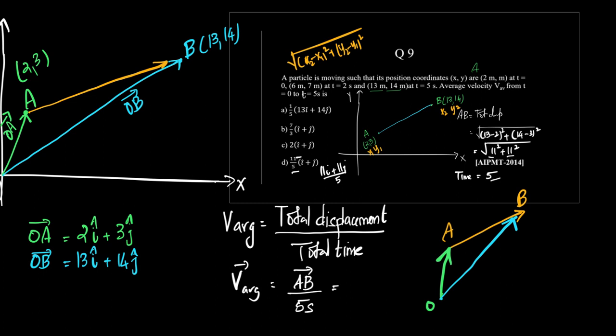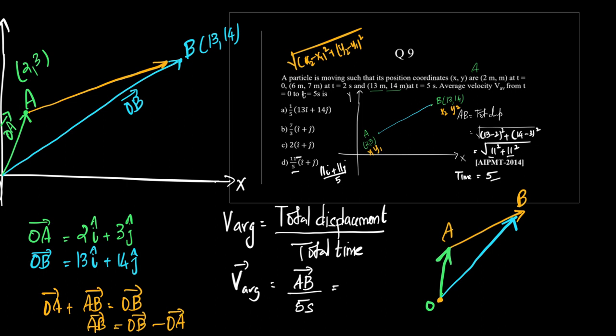This is the common tail. So we can write it as vector OA plus vector AB is equal to vector OB. In other words, vector AB is vector OB minus vector OA.